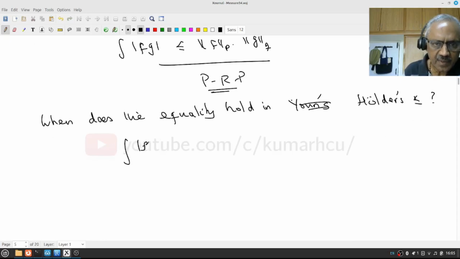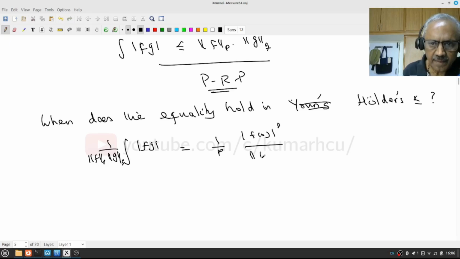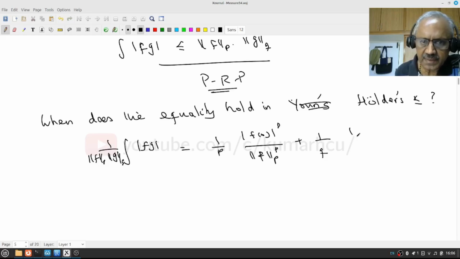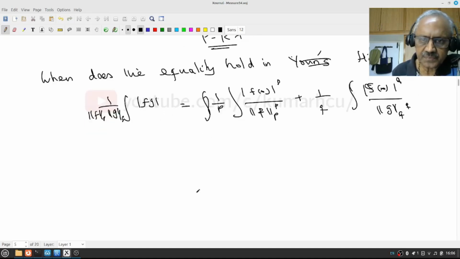What we did was: the integral of |fg| divided by the LP norm of f and the LQ norm of g equals (1/p) integral of |f(x)|^p by the LP norm of f to the power p, and (1/q) into, this is again an integral. Okay, I'll come to that. So I can take this out, right?